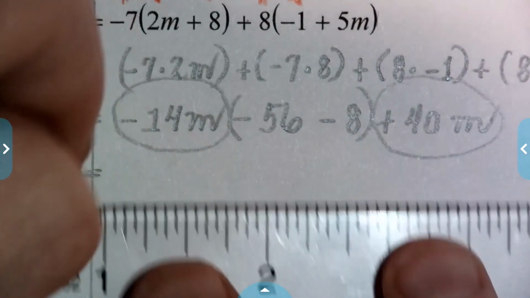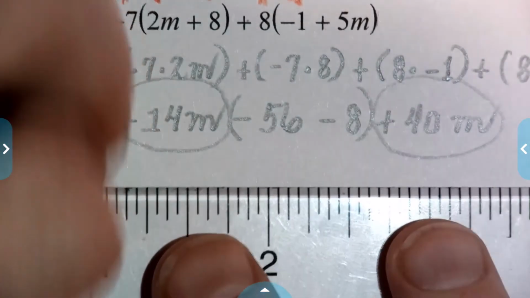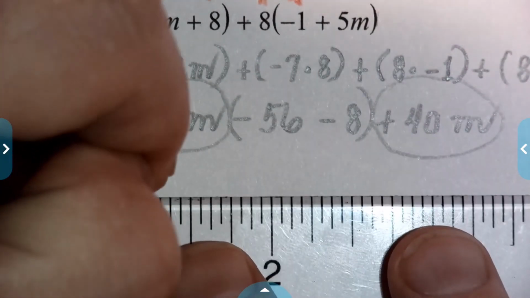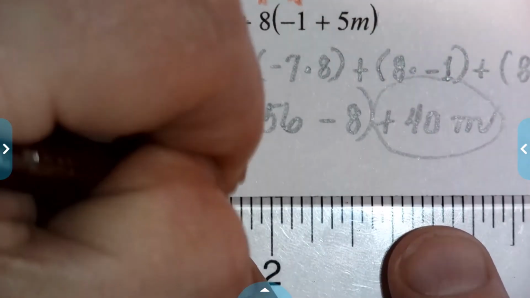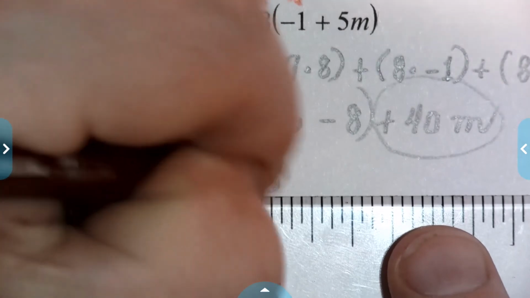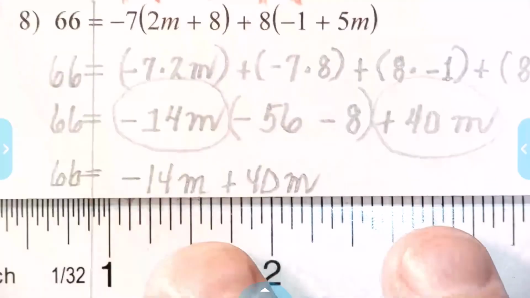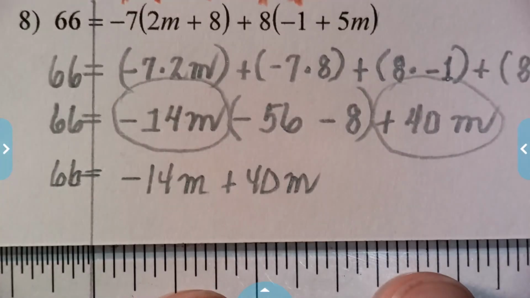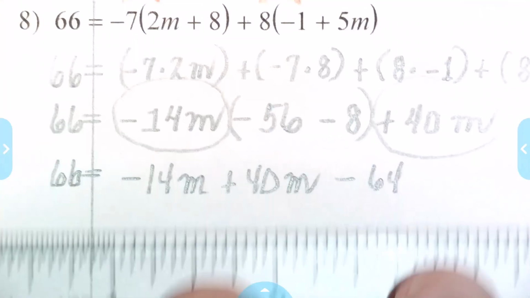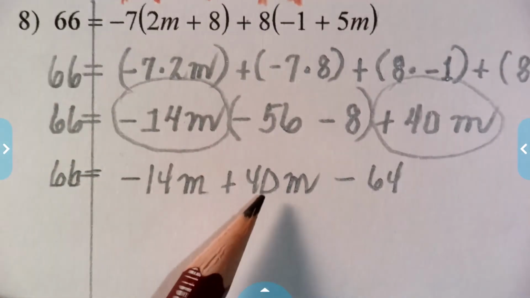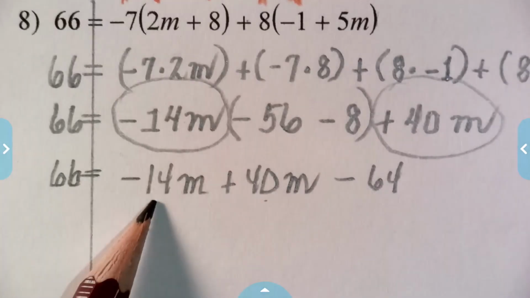Equals, and we'll just do one thing at a time. I got negative 14m. I'm going to move the 40m over next to that. And then we said minus 64. Perfect. Well, 40 minus 14.